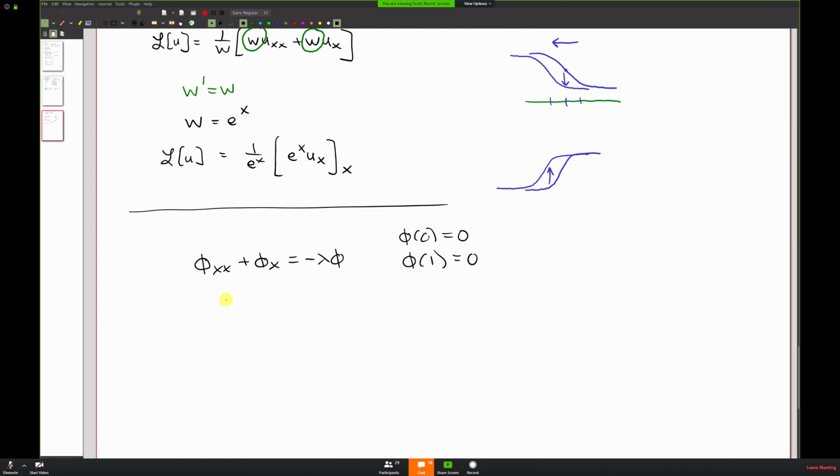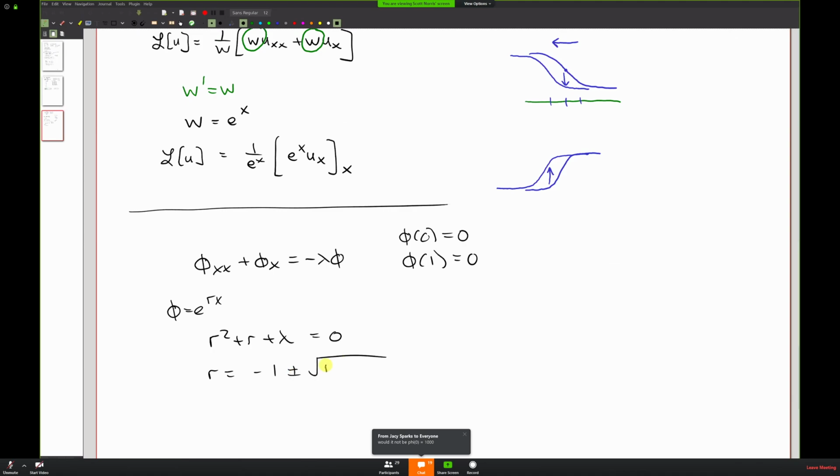And so if I guess e to the rx, then I get r squared plus r plus lambda equals 0, or r equals minus 1 plus or minus the square root of 1 minus 4 lambda, over 2.